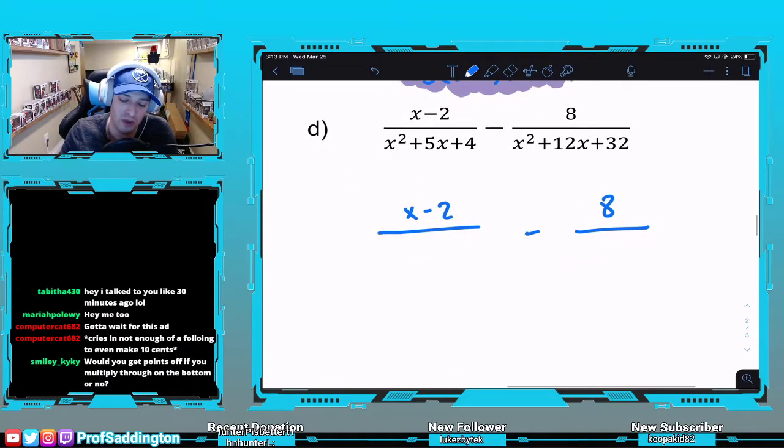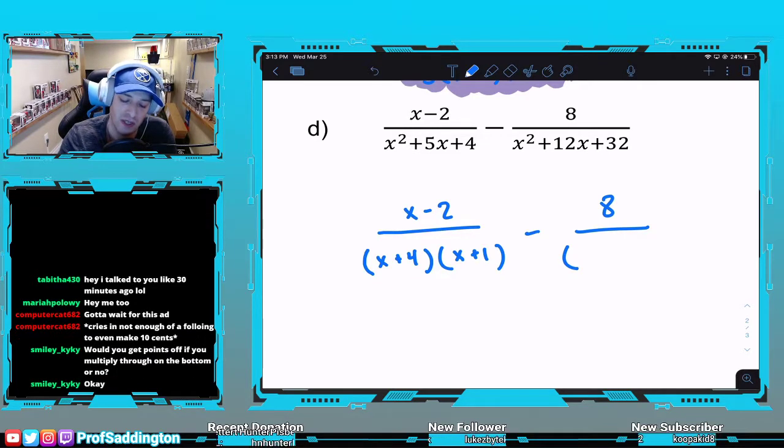If we go to factor this, it looks like the bottom, x squared plus 5x plus 4, I can split that up into two bubbles. And it looks like I'm going to have an x plus 4 and an x plus 1. In the second one, again, I can split it up into two bubbles. And it looks like I'm going to have an x plus 8 and an x plus 4.